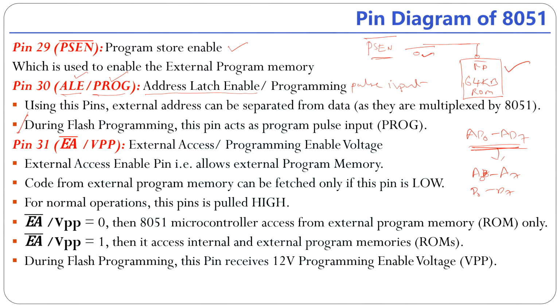Actually, the 8051 is providing time division multiplexing, so in order to demultiplex this, ALE is used. If ALE is equal to 1, the 8051 is providing address information. If ALE is equal to 0, the 8051 is generating D0 to D7. In this way, the 8051 microcontroller demultiplexes the address and data bus.